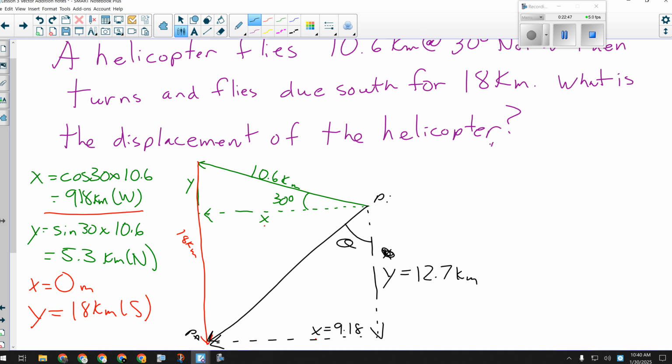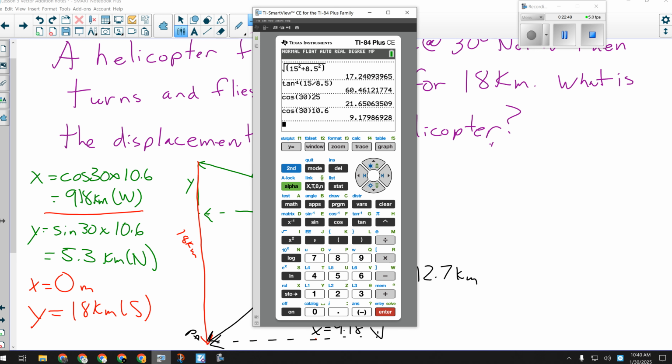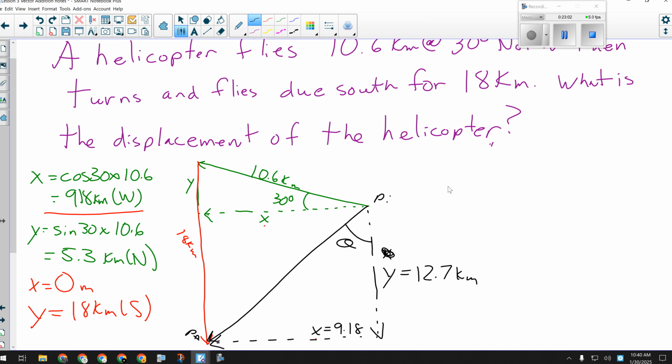But I should actually get all of the numbers. Oh no, it's 12.3. Okay.